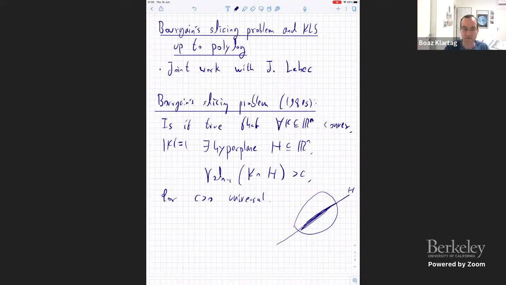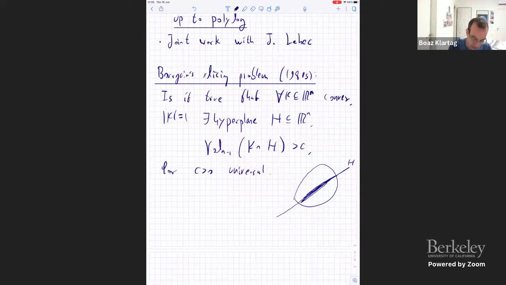Okay, so this is the Bourgain slicing problem, and it may look like a riddle if it's the first time you see it, but it actually does have a few consequences, implications, and relations to other problems in convex geometry in high dimensions. Let me just tell you about some equivalent formulations to demonstrate its role in the theory.